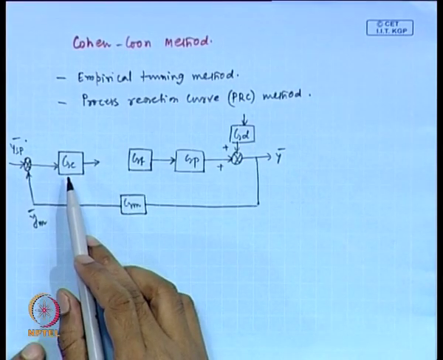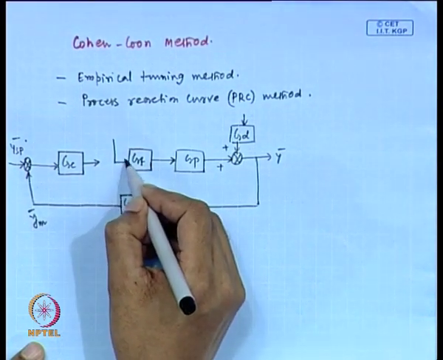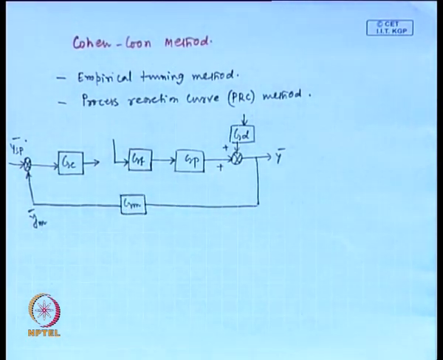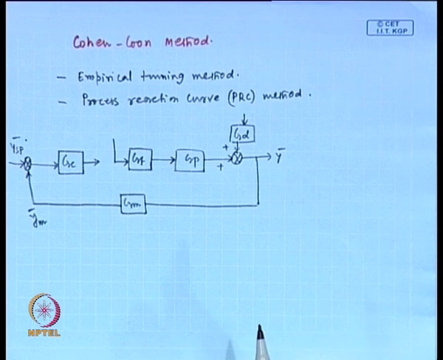Fine. Now, according to the Cohen-Coon method, the closed loop block diagram is opened by disconnecting the final control element from the controller.